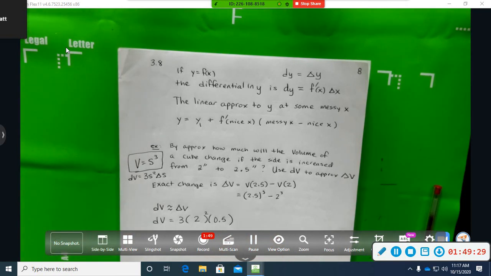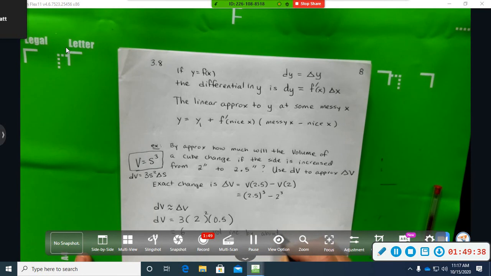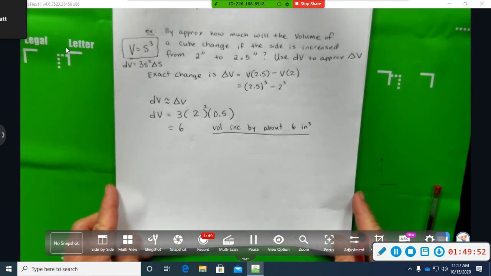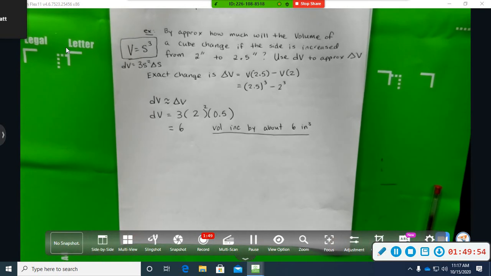So 4 times 3 is 12, 12 times a half is 6. So the volume increases by about 6 inches cubed if the side is increased by a half an inch. So that's how the dV works.